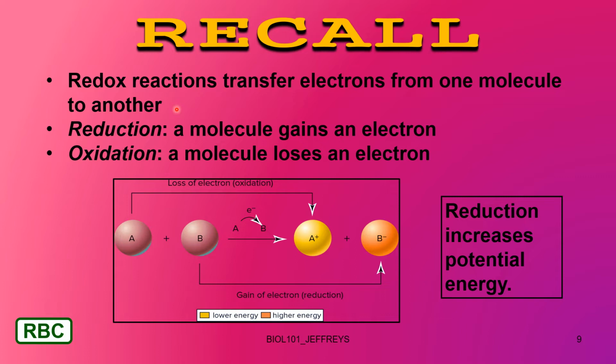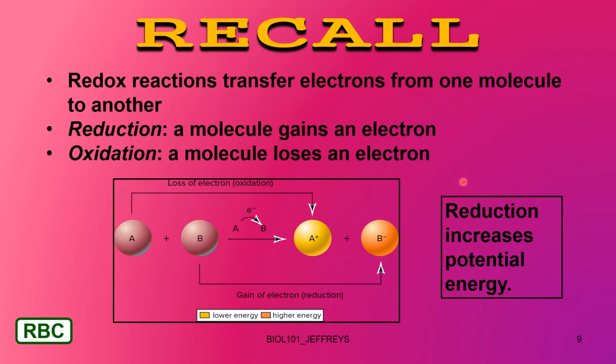So in a reduction reaction, a molecule gains an electron, so it becomes more negative or less positive. It's reduced from a more positive position to a more negative position. Its electrical charge gets reduced. Whereas with an oxidation reaction, a molecule loses an electron and therefore becomes more positive.